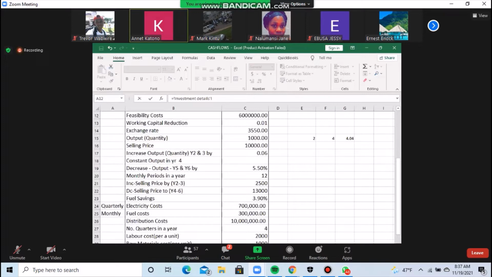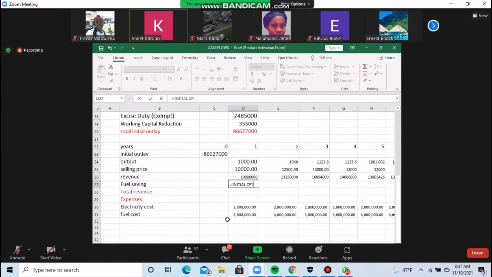Now, in our initial cash flow, we have the fuel cost of 3.6 annually. So how much will be the saving out of the 3.6 in year 1?